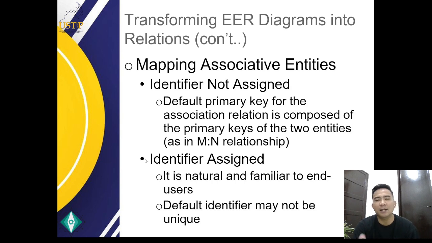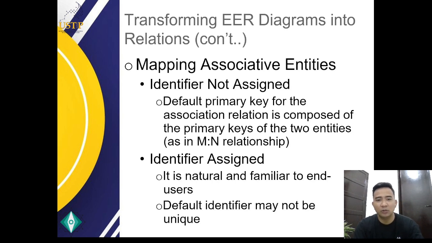This is similar to the approach used for many-to-many relationships. For an identifier assigned, natural and familiar: if an associative entity has a unique identifier assigned to it, it can be more natural and familiar to end users, as it provides a direct way to reference and identify an instance of the association.